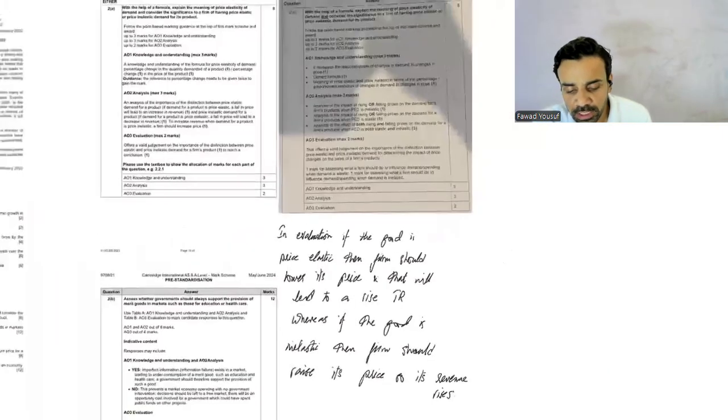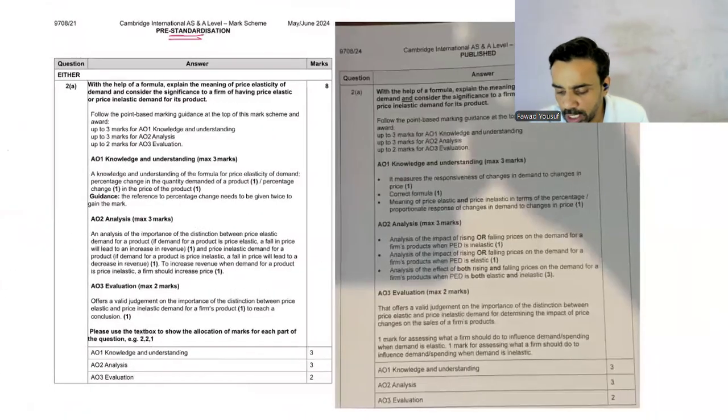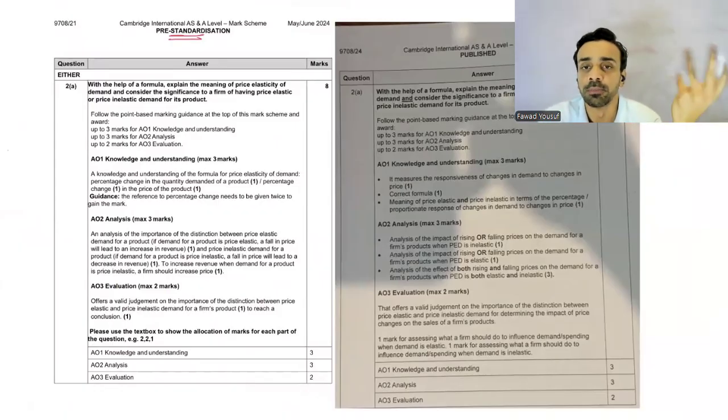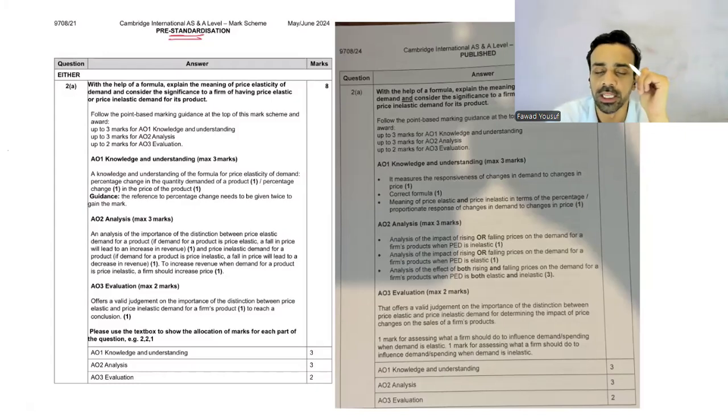I can actually think in terms of firm का पूरा analysis, discussion and final evaluation from tax point of view भी हो सकता है, कि firm के लिए ये knowledge क्यों important हो सकती है, कि अगर गवर्नमेंट ने टैक्स लगा दे फर्म के ऊपर और उनका गुड इन इलास्टिक है तो उनको पता है कि हम कंज्यूमर के ऊपर ज्यादा टैक्स पुश कर सकते हैं, और अगर इलास्टिक है तो हमें पता है कि हमें अपने प्रोडक्ट की इलास्टिसिटी को चेंज करना पड़ेगा ताकि कंज्यूमर पे बर्डन पुश हो सके. So around that line you can do that, but the simpler discussion is always around your connection with revenue.